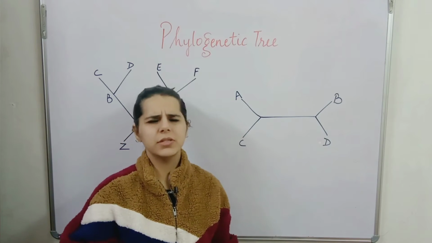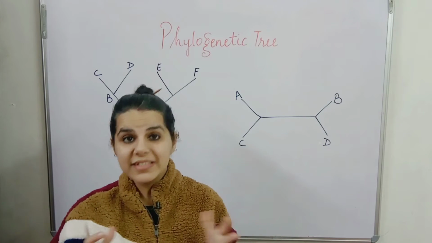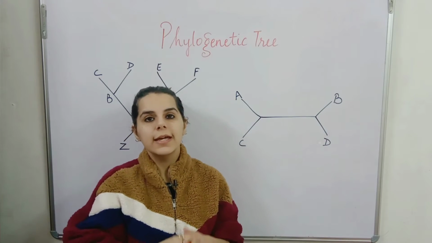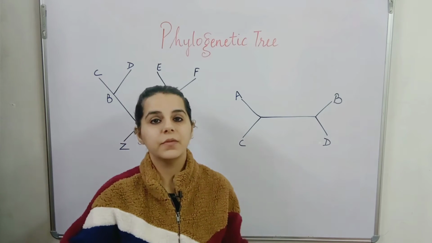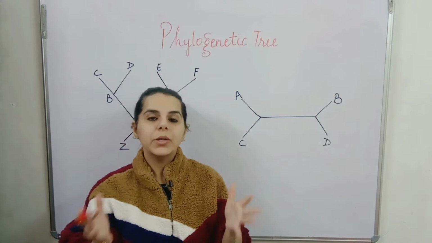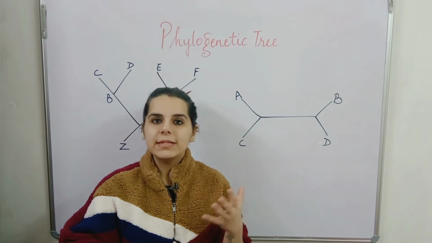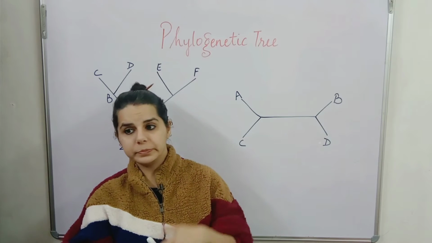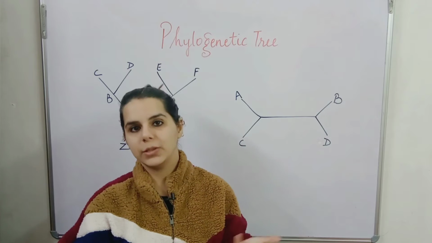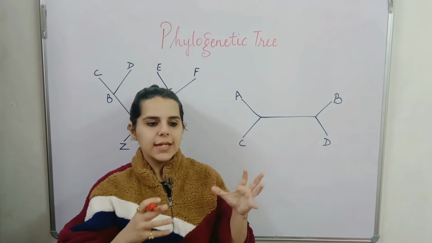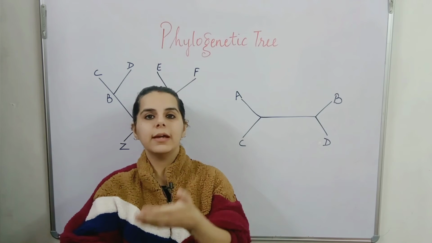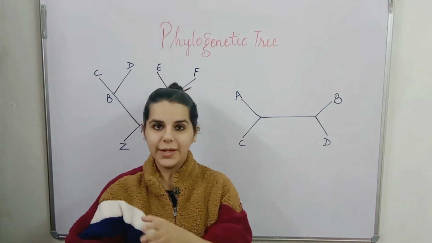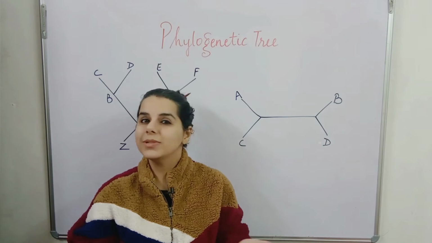In very simple terms, if you want to understand the basic principle, it is just a simple diagram, just like any other diagram we draw in biology. Why do we call it a tree? There is a reason, because it shows the evolutionary pathways, right? Just because it is related to evolution, that is the reason it is regarded as a tree. Otherwise it is just like any other simple diagram.